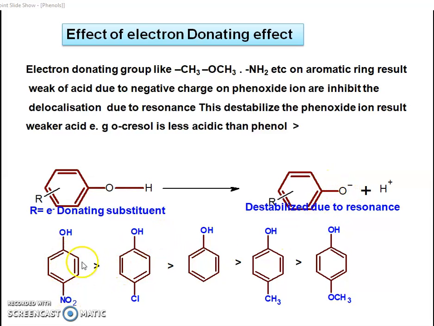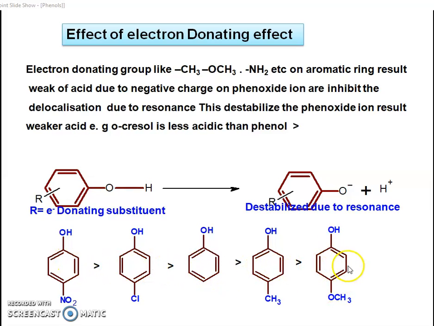Now we see the order of electron donating and electron withdrawing substituents attached to the benzene ring with respect to their acidity. Para-nitrophenol is more acidic than para-chlorophenol, which is more acidic than phenol, which is more acidic than para-cresol, which is more acidic than para-anisole.